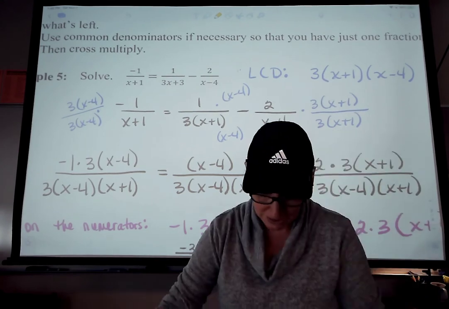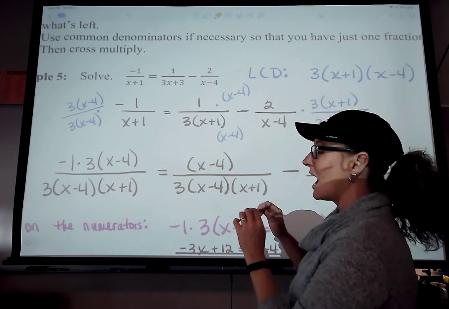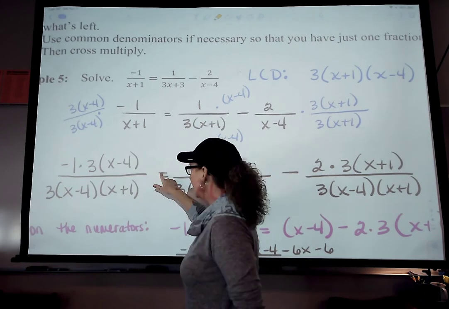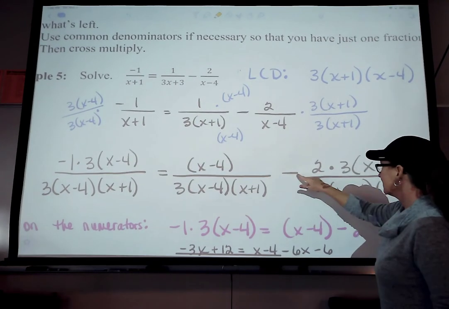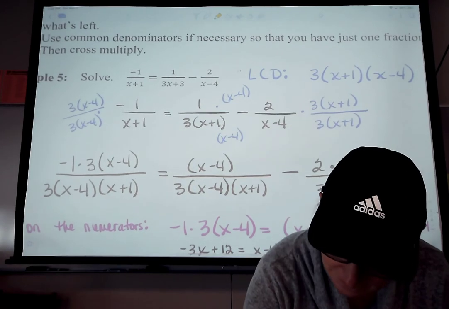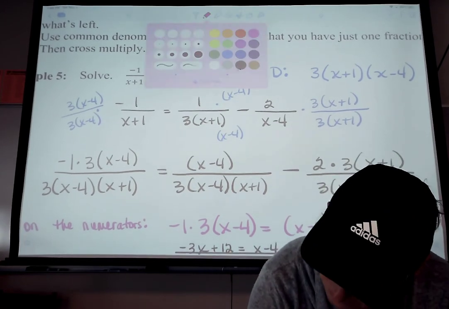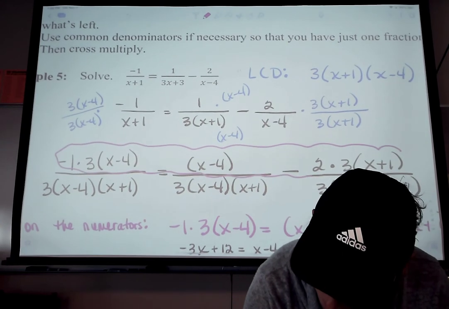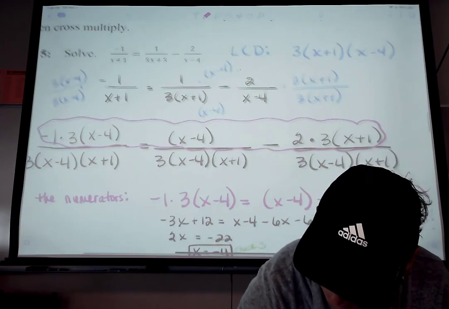So here's what I did. I just look at the numerators. So I got this and this and this and this equals this and this minus this and this, right? Just grab the numerators.